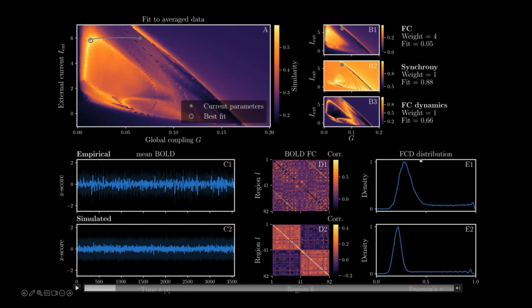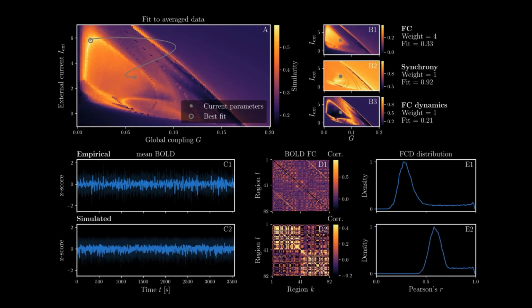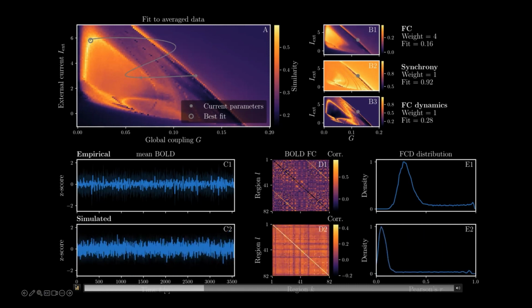We can see that the FCD distribution, the distribution computed from the FC dynamics matrix, is a little bit shifted compared to the empirical data. And yeah, synchrony is not so bad, but the other measures are not good. So this is how we perform the fitting of our TVB simulation to match empirical data.